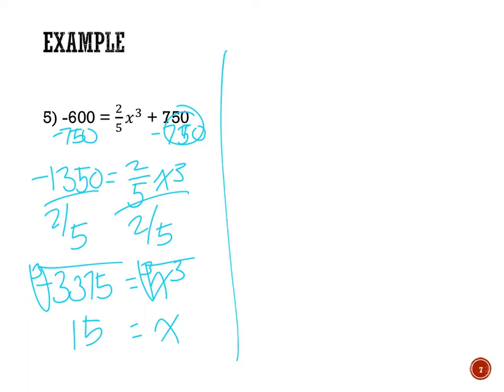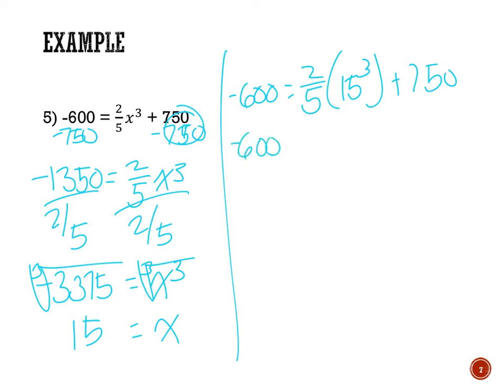Okay, so to check my answer, negative 600 equals 2/5 times 15 cubed plus 750. 15 cubed equals 3,375.